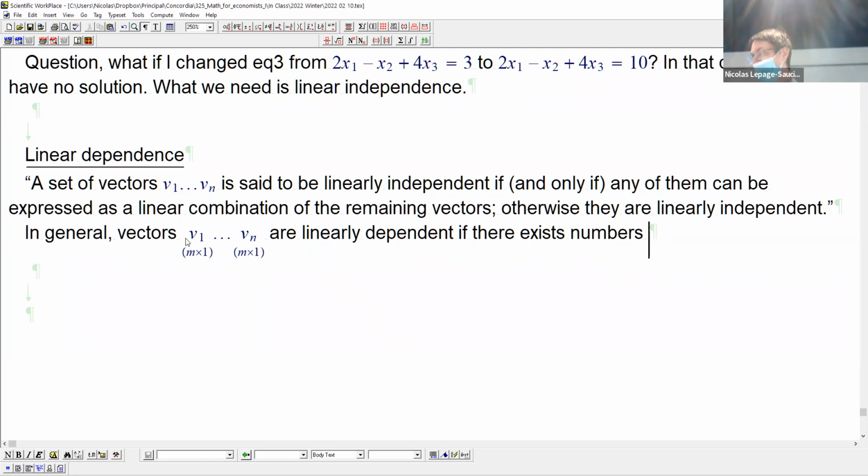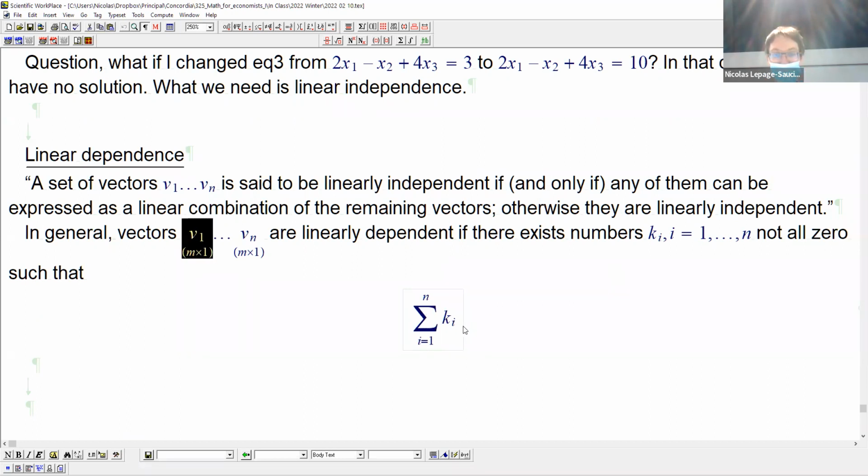If there exist numbers ki, i equals 1 to n because I have n vectors, not all zeros, such that, and here is how I would represent it, simply the sum from i equals 1 to n of ki times vi equals a vector of 0.